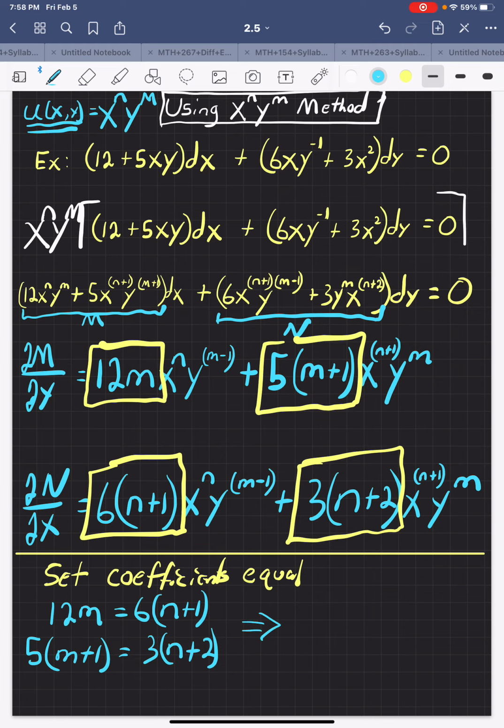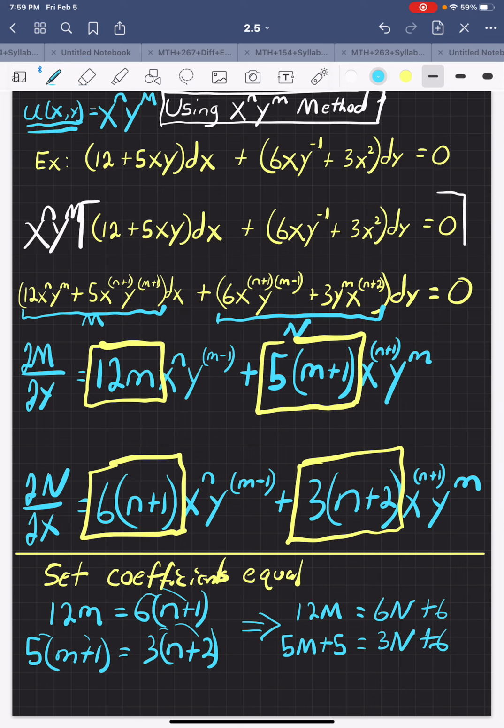So let's go ahead and clean this up. Let's distribute that 6, distribute the 5, distribute the 3. All right, so what is that going to be? 12m is equal to 6n plus 6, and then we have 5m plus 5 is equal to 3n plus 6.